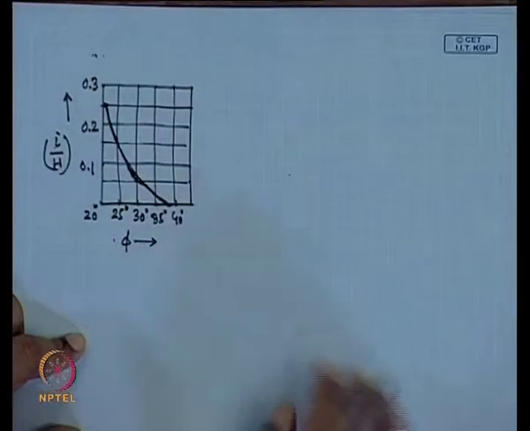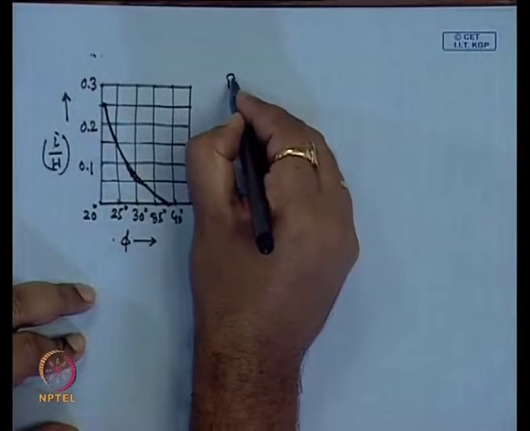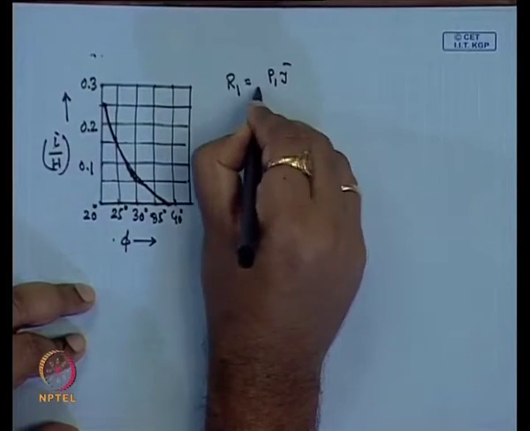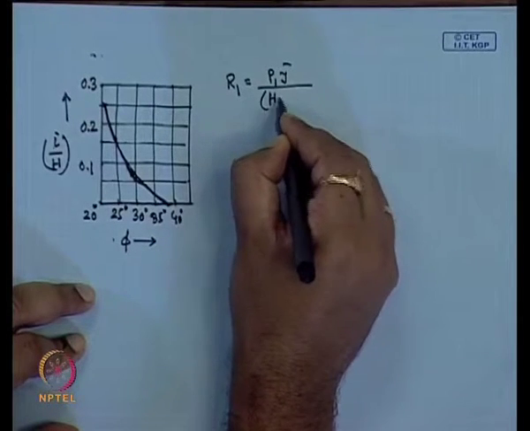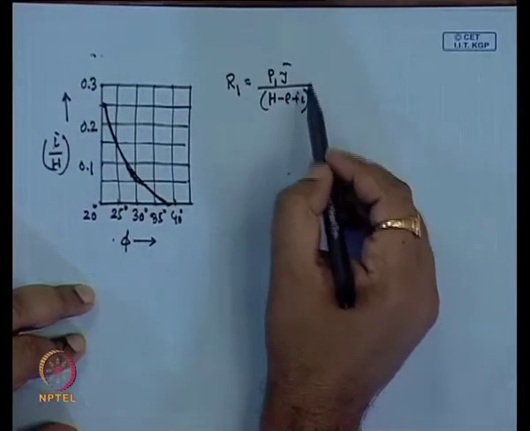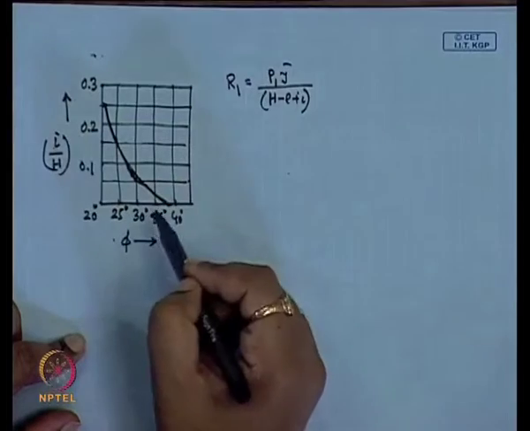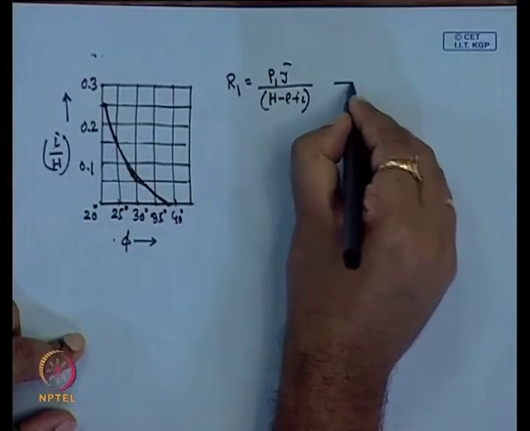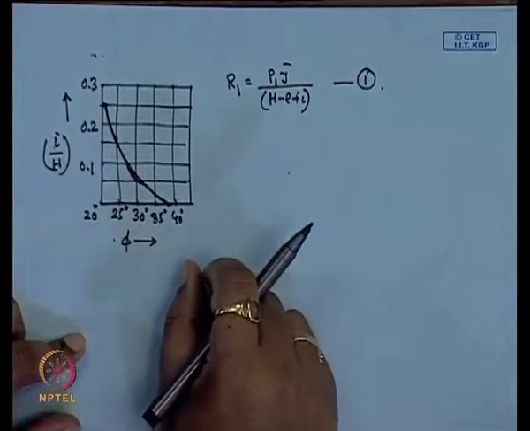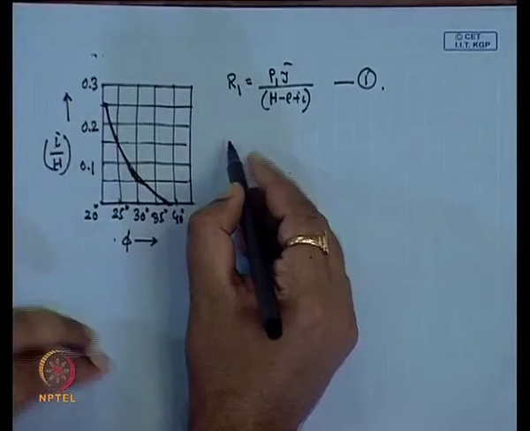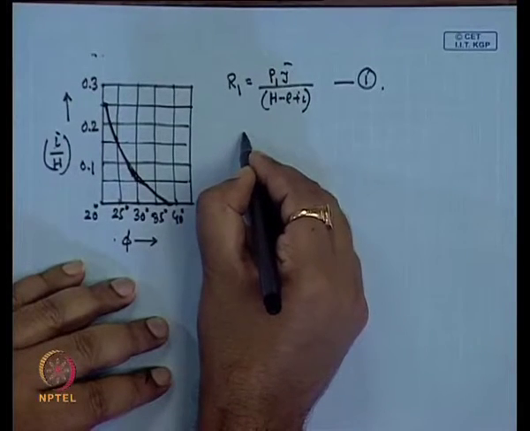That means in the expression we have derived, R 1 is equal to P 1 into y bar divided by h minus E plus I, I is now known from this graph, and E and h are known. So, we can determine R 1.